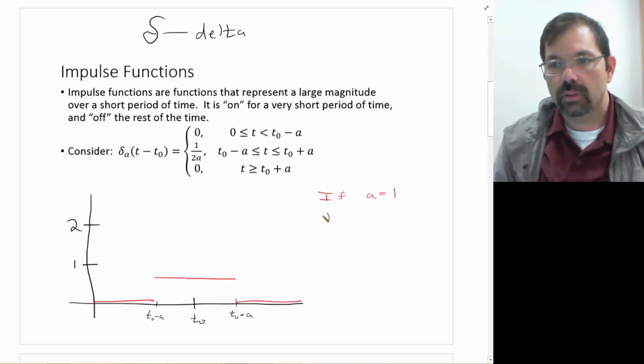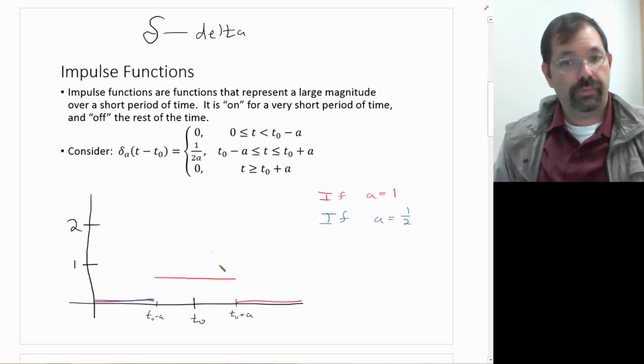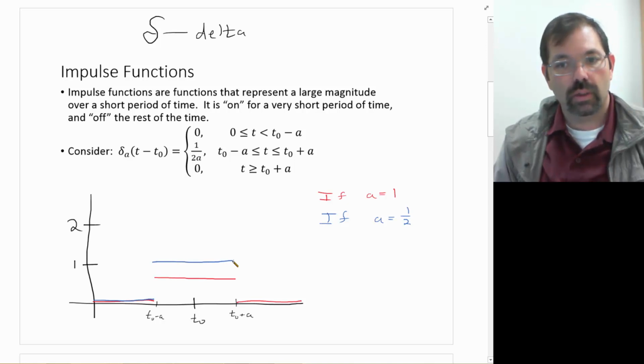Now let's let a become small. What if a is 1/2? Then again it's 0 to begin with, but now when the function is on, we would have 1 divided by 2 times 1/2, which is 1 divided by 1, so now it's 1. And then it turns off again.